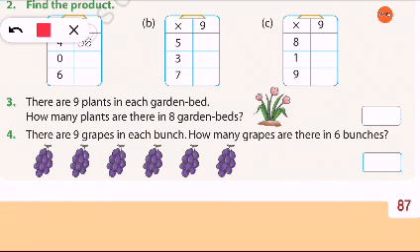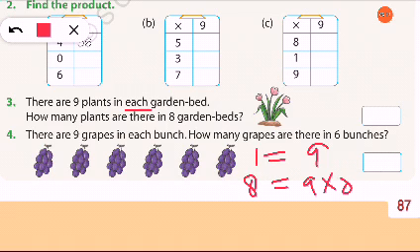Okay, so each means one garden bed. For understanding we can say one garden bed has 9 plants. So 8 garden beds will be 9 into 8. In one garden bed there are 9 plants, so in 8 garden beds how many will be there?